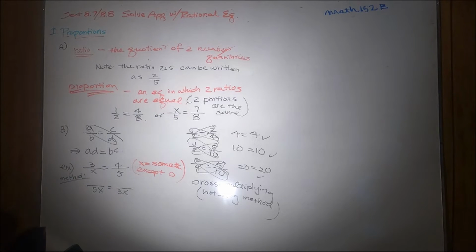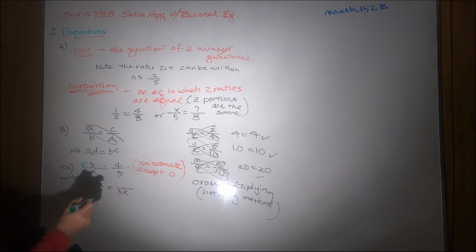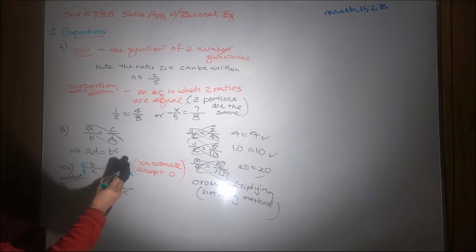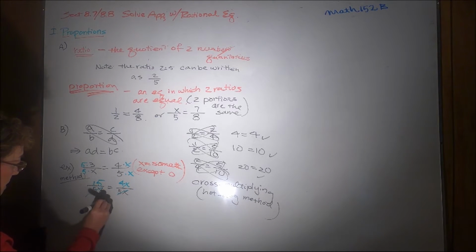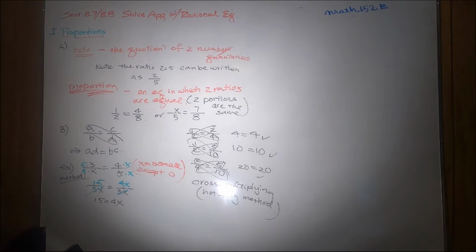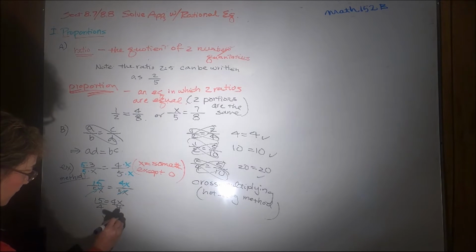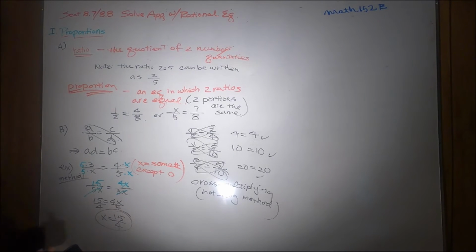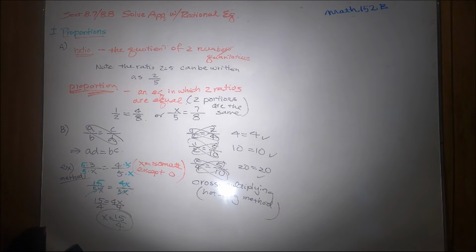Then this one would be multiplied by 5. That would be 15. This one would be multiplied by x. That would be 4x, right? Then we say if we have the same denominators, we can just make the numerators equal, right? Then you divide by 4, and x will be 15/4. And it's not 0, so we can circle the answer.